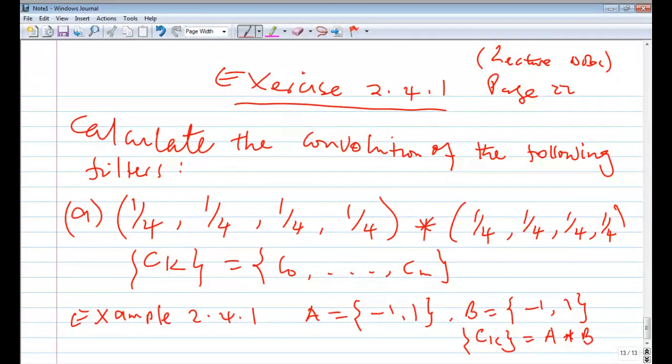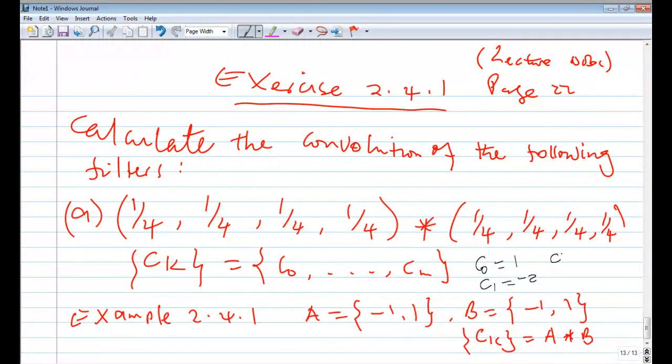How far are you? For those who are using the first method, C0 is what? It's 1. Okay, C0 is 1. C1? Minus 2.